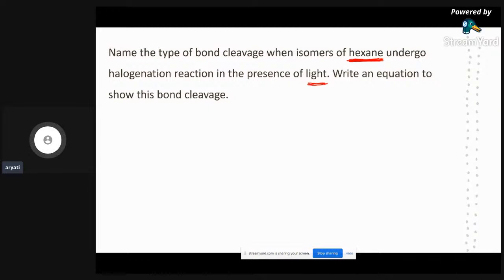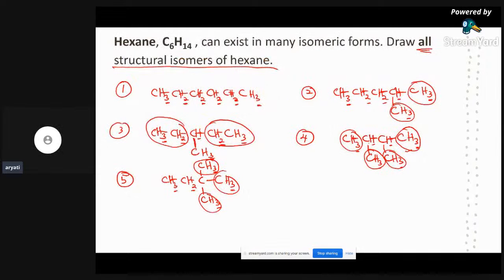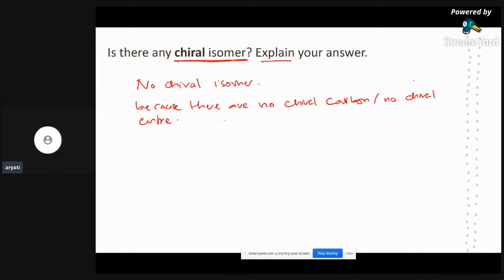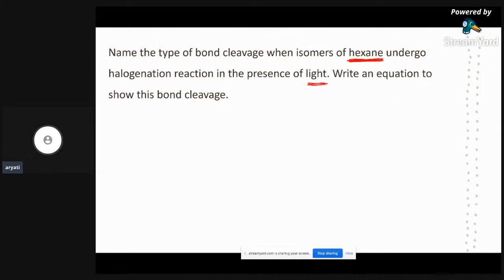So we can choose any isomer from these 5. Let's say I choose the first isomer. So the first isomer is CH3, CH2, CH2, CH2, CH2, CH3.